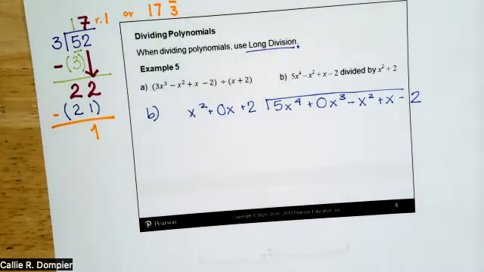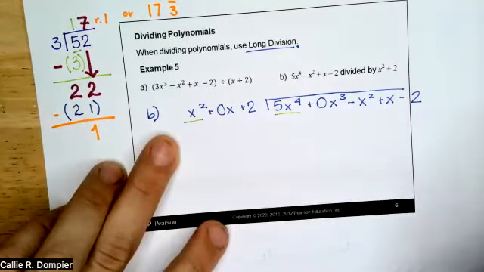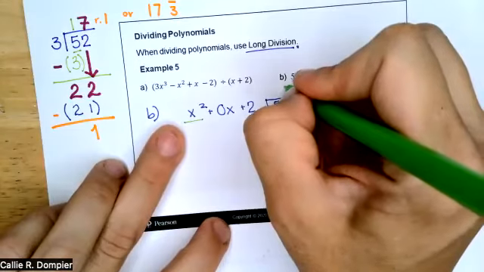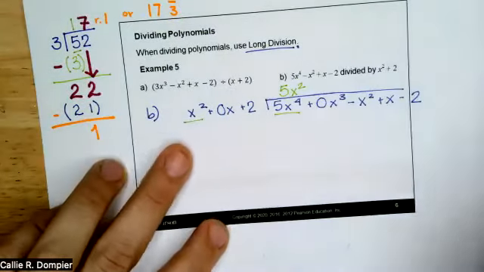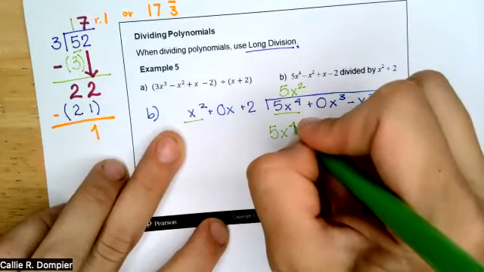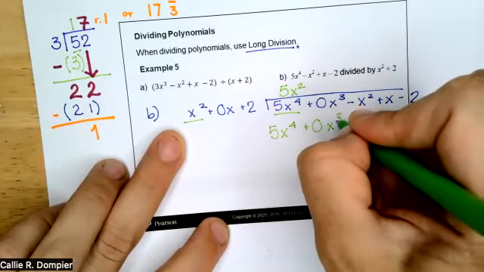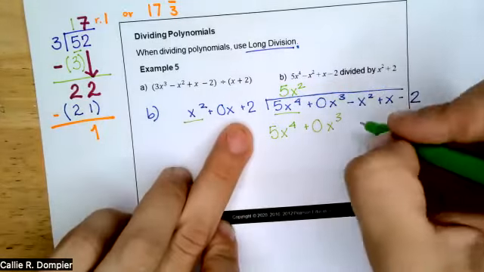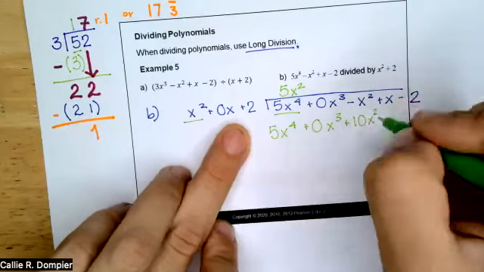Good. So we'll do the same thing, just looking at the x squared and the 5x to the fourth. I need to multiply the x squared by 5x squared, right? 5x squared times x squared will give me 5x to the fourth. 5x squared times 0 will give me 0x cubed. 5x squared times 2 is going to give me 10x squared.